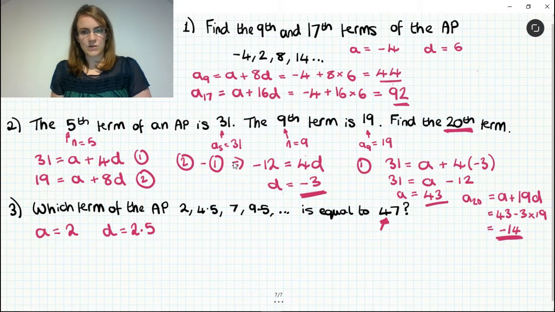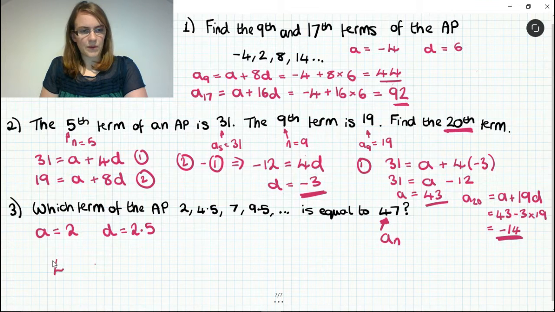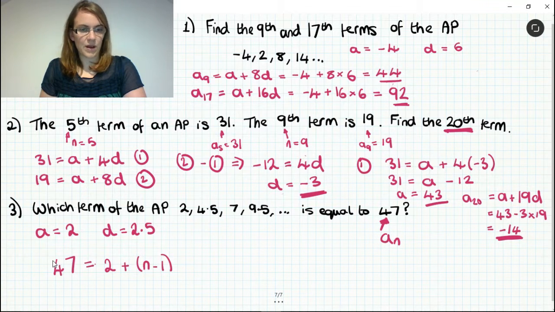Now remember, that's not n, that's an. So we know an is 47, but which term is asking us to find n, so we don't yet know what n is, but we do know that 47 is equal to our first term a, which is 2, plus n minus 1. We don't yet know n, remember, but n minus 1 lots of our difference, so n minus 1 lots of 2.5.